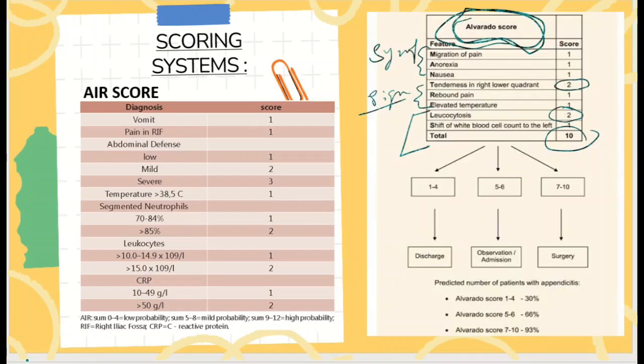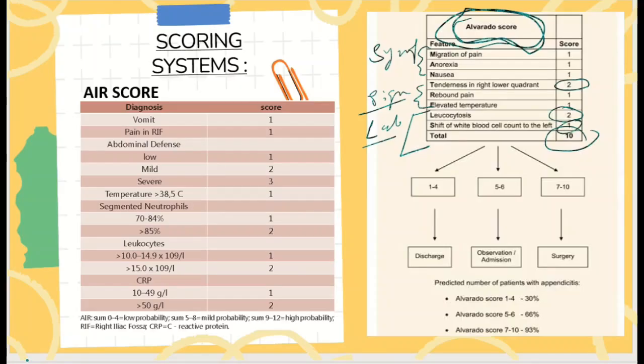Elevated temperature, patient will have fever, that is 1. Next come lab investigations. Leukocytosis is common, so for leukocytosis we give 2. Shift of white blood cell count to the left, immature cells, is given 1 score. So total score comes to 10.